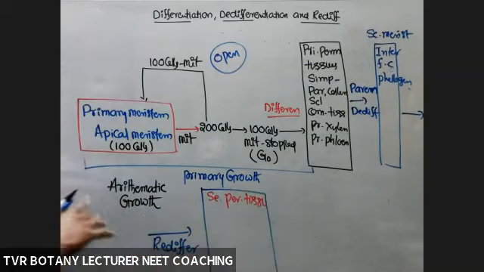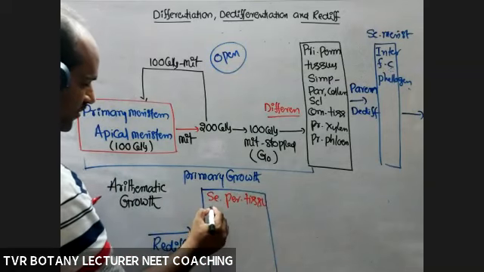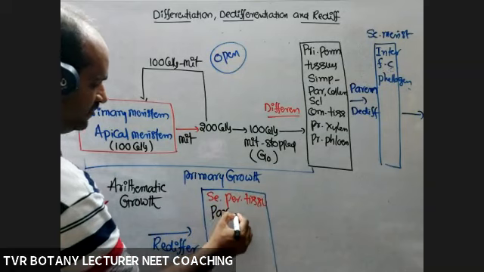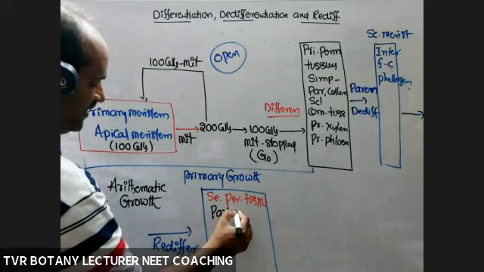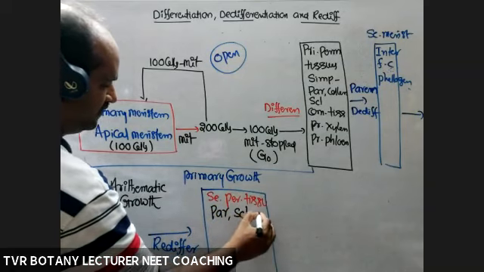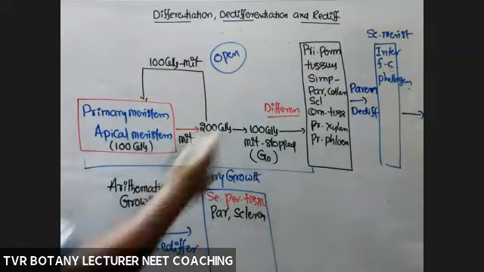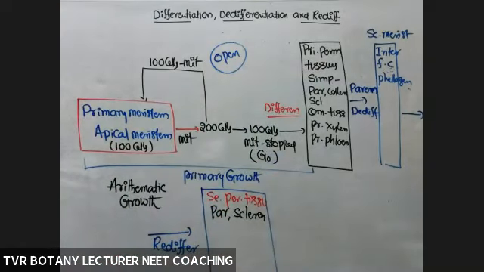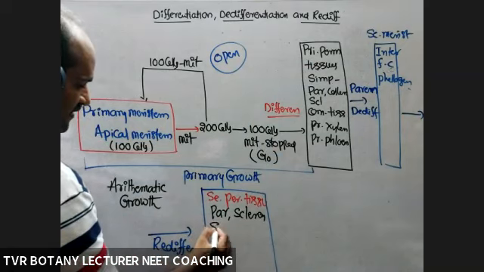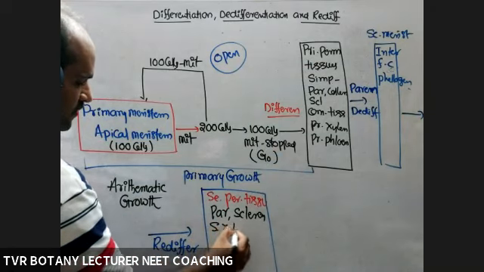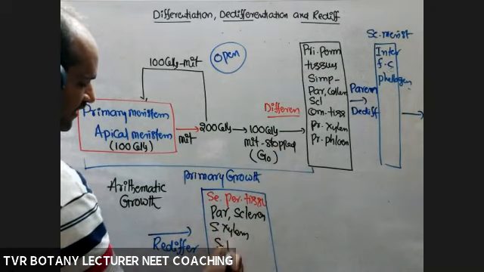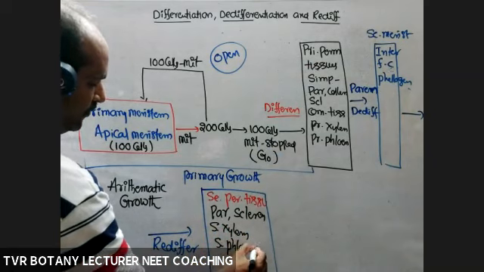What are they? One, simple tissues: parenchyma, sclerenchyma. No collenchyma, don't use collenchyma here; collenchyma is there only, not here. Then secondary xylem, secondary phloem.